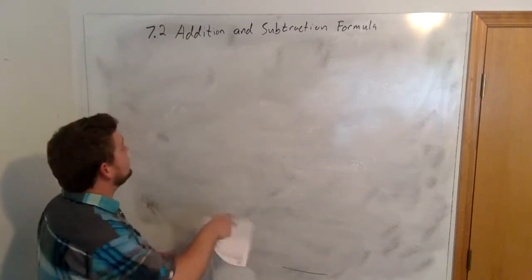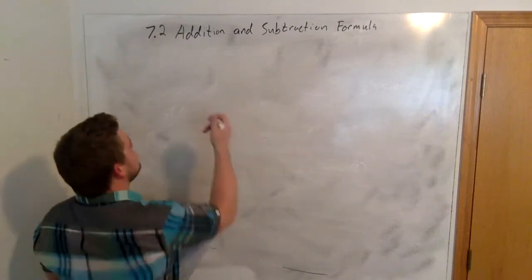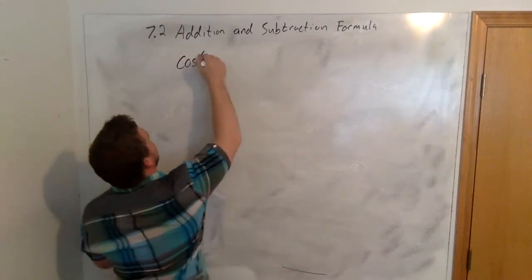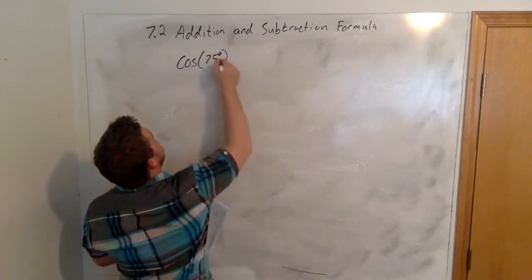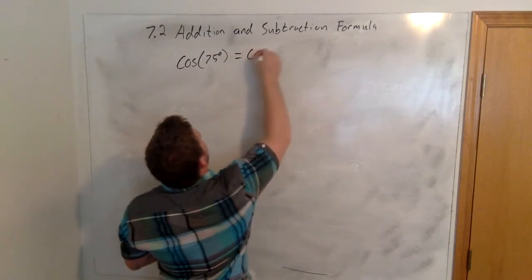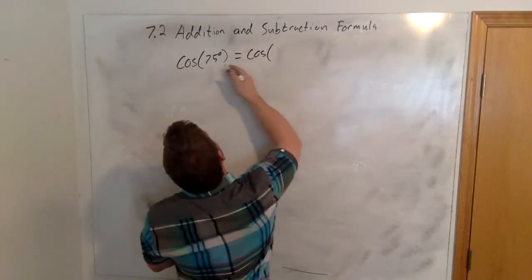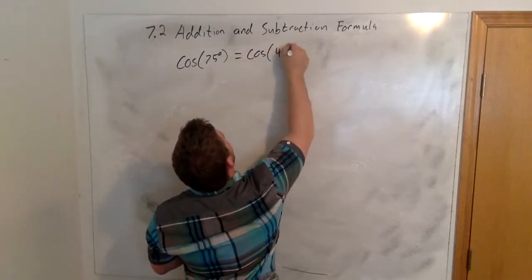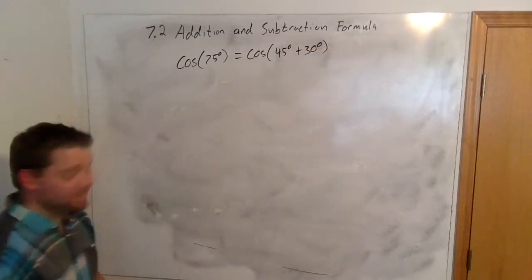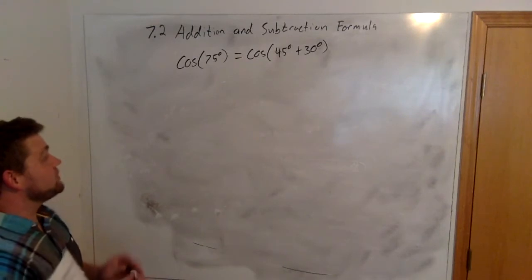Okay, so let's see. Can we figure out what the cosine of 75 degrees is? Well, this is the same thing as the cosine of, well, what do we know on the unit circle? 45 degrees plus 30 degrees. So there is a formula for this.